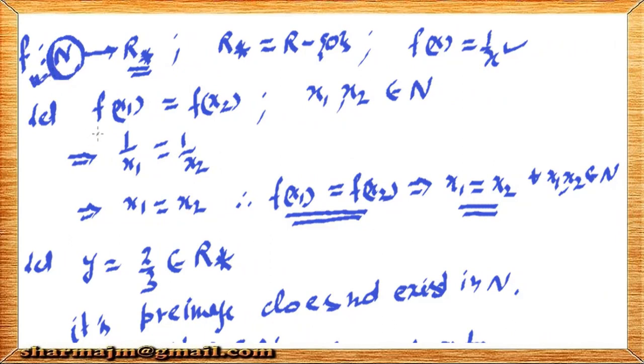So whenever we replace the domain by the set of natural numbers, this function will be 1-1 but not onto.